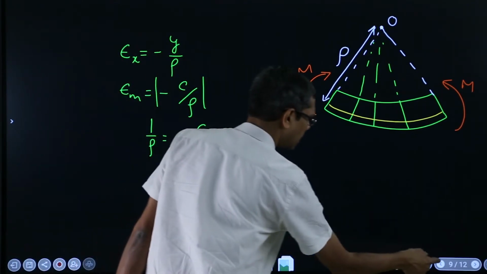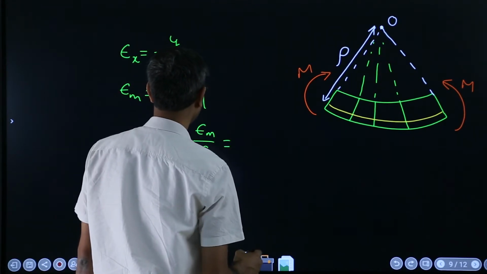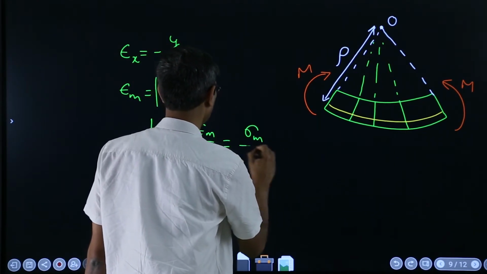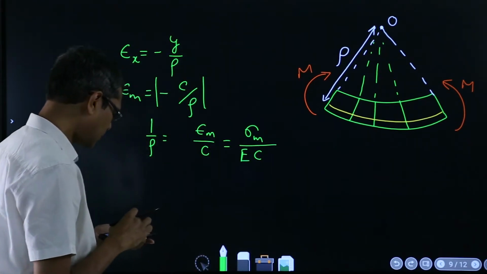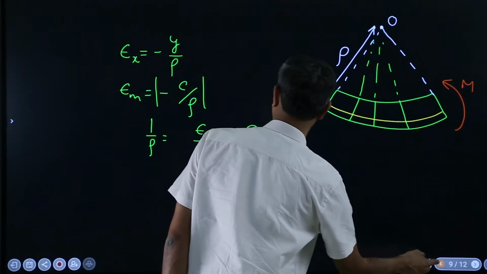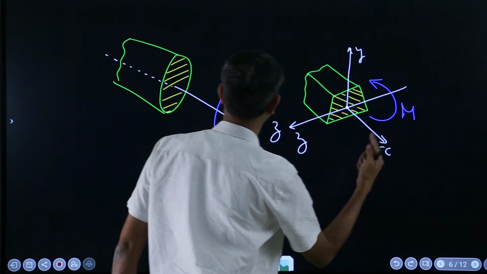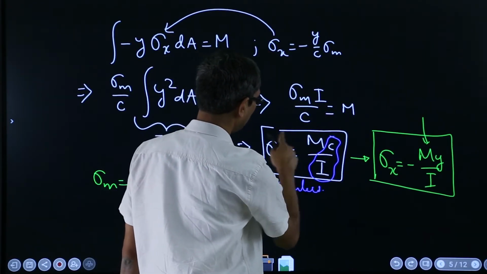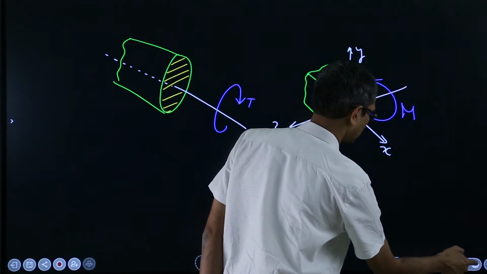But then this one we can write now as sigma m over E c, right? So that's what we can write if we are under the linearity condition. So what we had got here, sigma m is M c over I. So we will substitute this here.